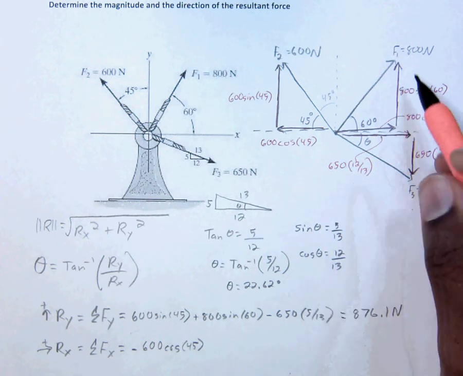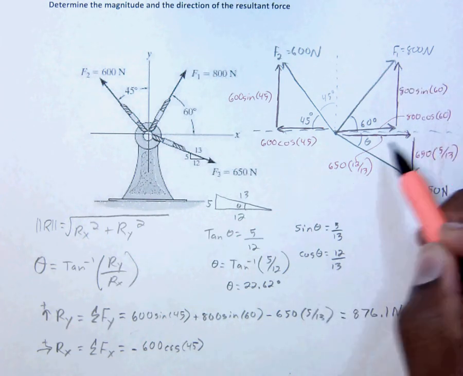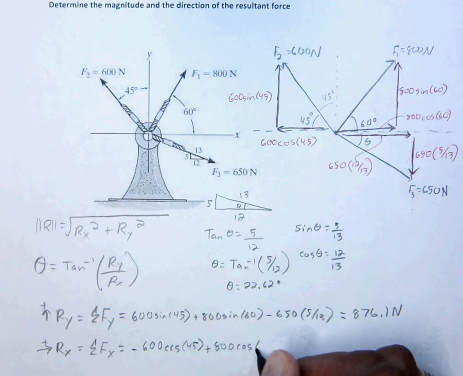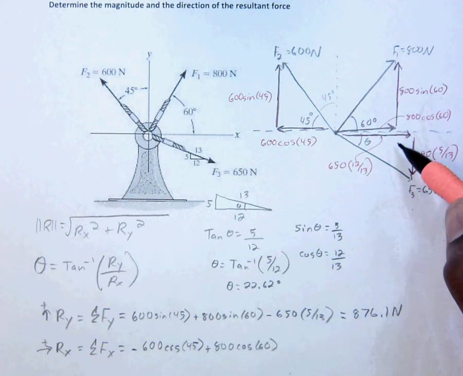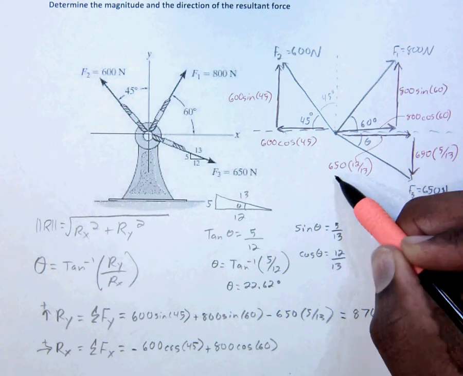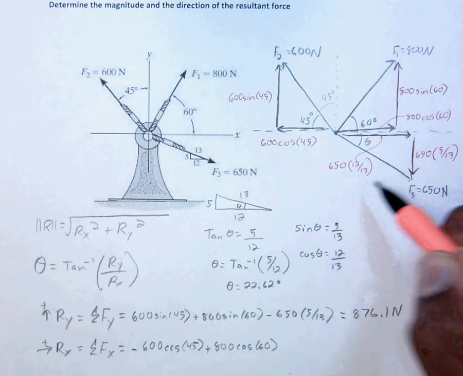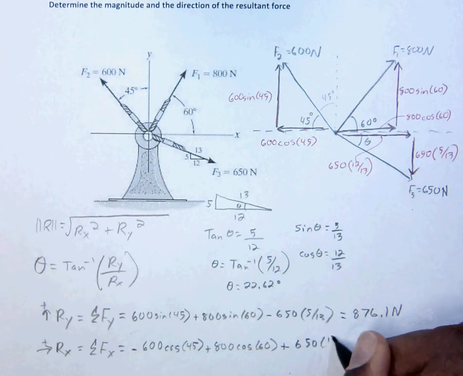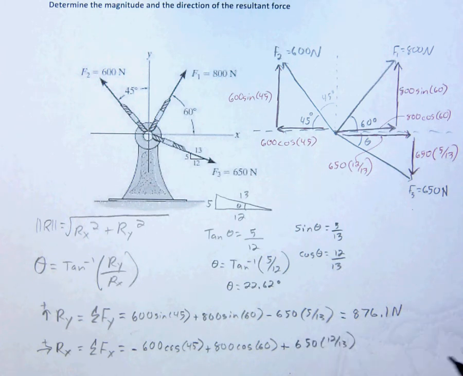I also have for force number 1, 800 cosine of 60, that's going to the right, so add 800 cosine of 60. And then also force number 3, 650 times 12 over 13, so I add that because that's going to the right. Okay, I add all those together and I get 575.7 newtons.